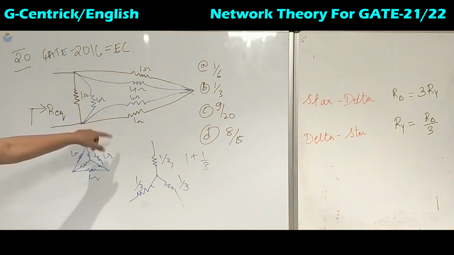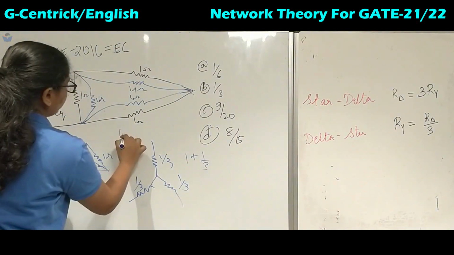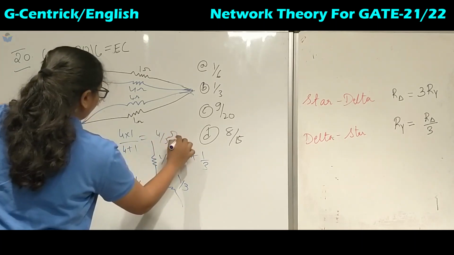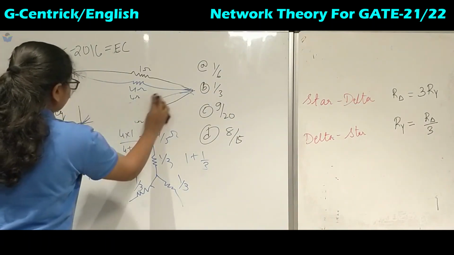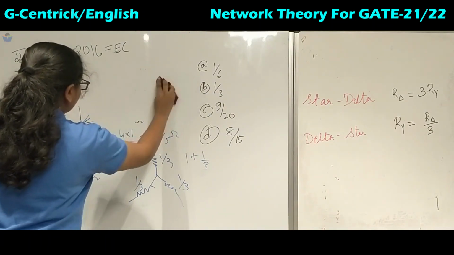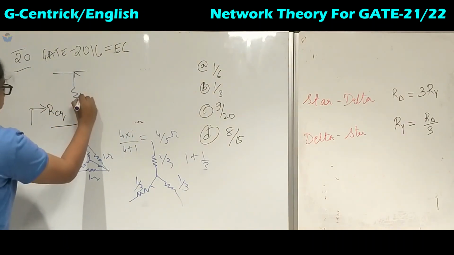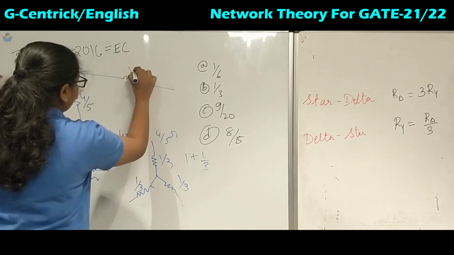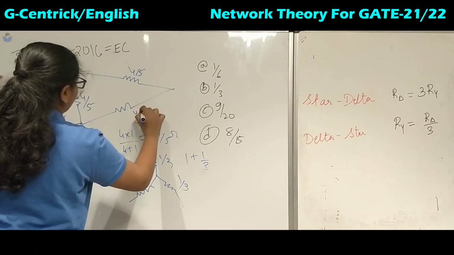Now again these all are in parallel. So what is the value of the parallel? 4 into 1 upon 4 plus 1, that is we will get 4 by 5 ohms. So again if we redraw this one, so here we will get 4 by 5, here we will get 4 by 5, here also we will get 4 by 5.